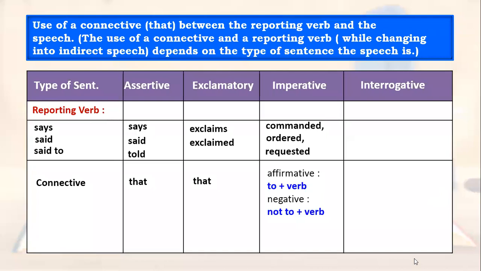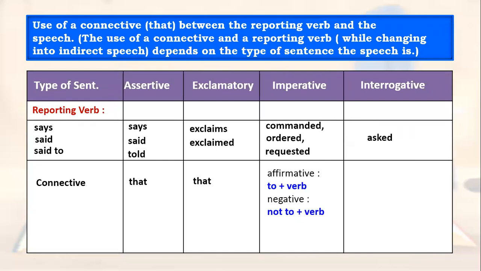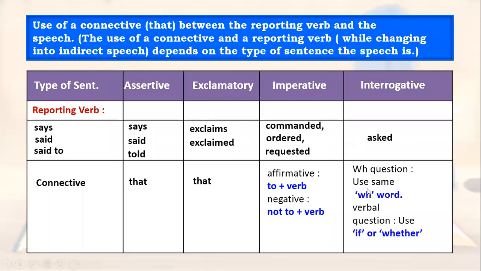So now it's time to move on to the interrogative sentence, that is whenever it comes to says, said, or said to, that is the outside verb, it will be replaced with asked, or inquired, or questioned, while the connective, that is the comma, depends on whether it is a WH question or a yes or no question.